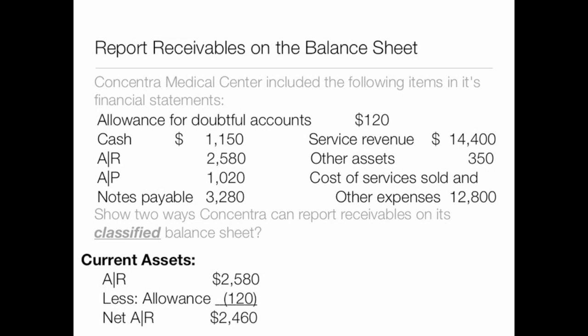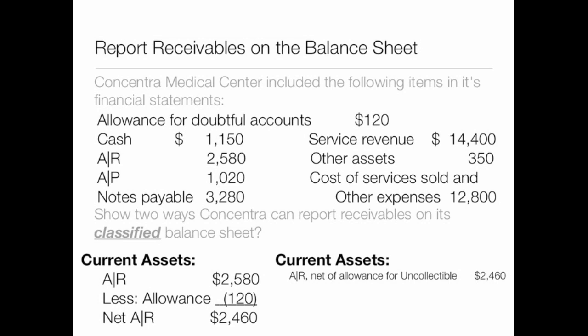There is a second way that current assets can be reported on the classified balance sheet. That is, we can call it accounts receivable net of allowance for uncollectibles. You also could see this as accounts receivable net, and then you would just assume that's net of allowance for uncollectibles.